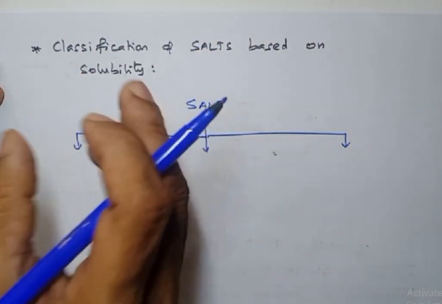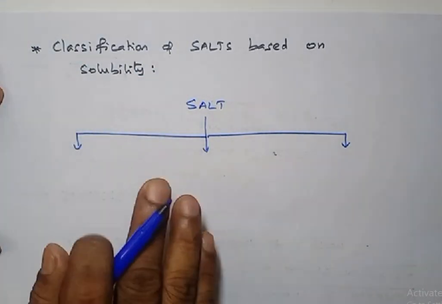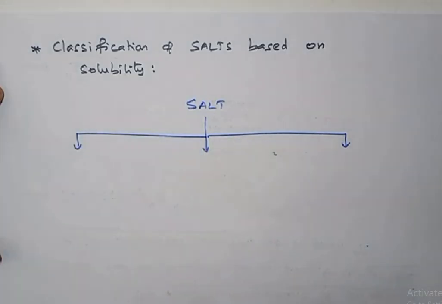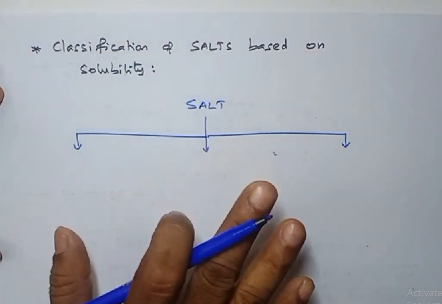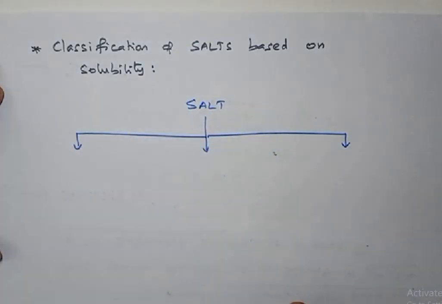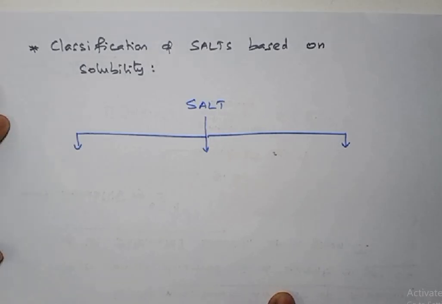So we are going to take water as the solvent. But the discussion is equally valid for other solvents also. But for this particular discussion, I am going to use only water as solvent.